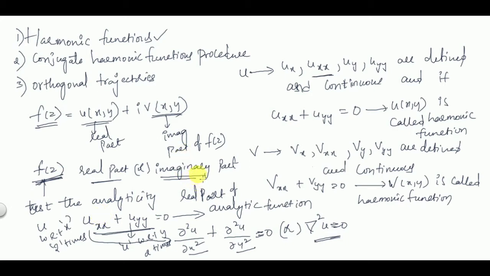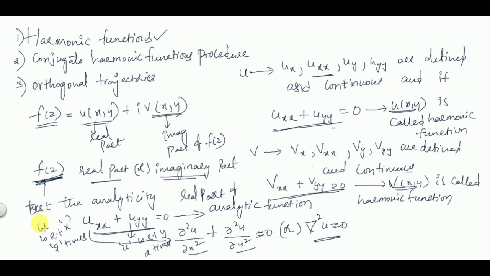Simply, harmonic functions are used to find the analyticity of a complex function f of z. If this condition is satisfied, then u of x y is the real part of the analytic function f of z. If this condition is satisfied for v, then v of x y is the imaginary part of the analytic function f of z.